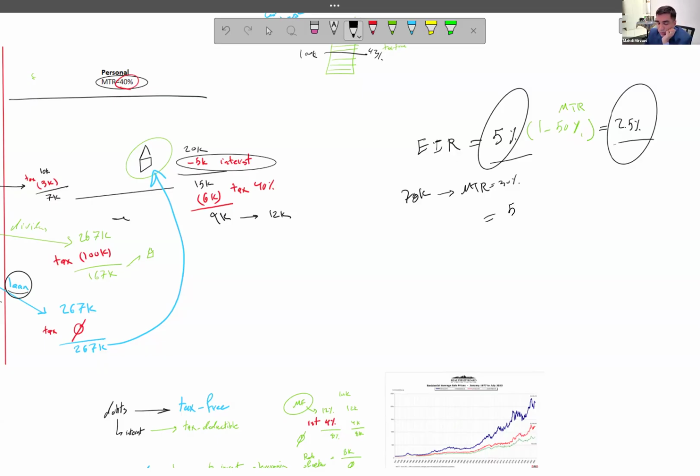The loan is at 5%. The effective interest rate is 1 minus 30%. So it's going to be how much? 3.5%. So on the contract, again, 5%. In reality, they pay 3.5%.